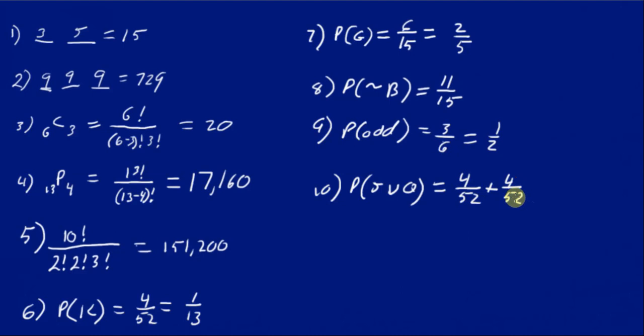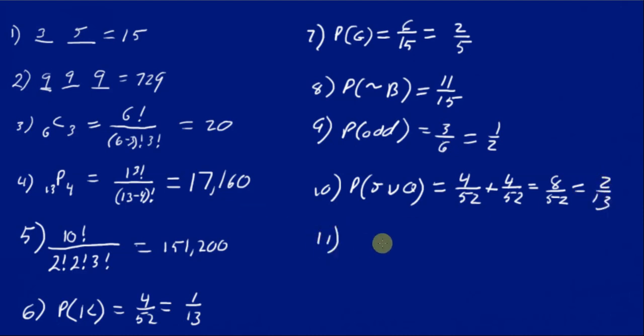Now the question is, can you be a jack and a queen at the same time? So do I have to subtract out any duplication? And no, these are mutually exclusive events, so they cannot occur at the same time. So I'm simply going to add those together to give me my 8 out of 52. And that's going to reduce down to 2 out of 13.